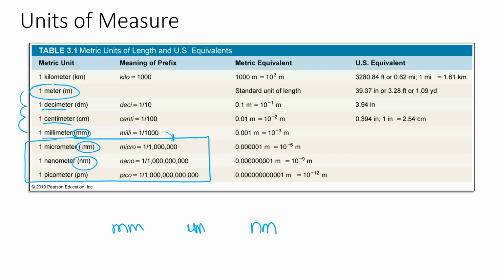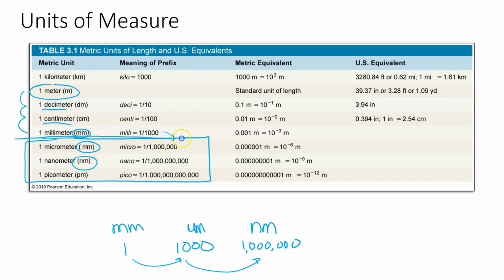So you have 3 extra zeros. So 1 millimeter becomes 1,000 micrometers, and 1,000 micrometers become 1,000,000 nanometers. You basically add 3 zeros or 3 place values between millimeter to micrometer to nanometer. That's just the biggest difference.